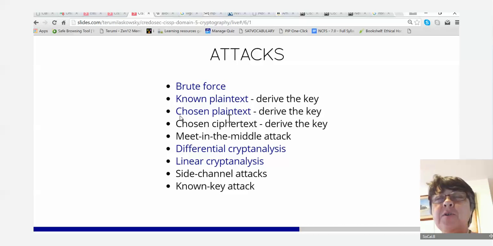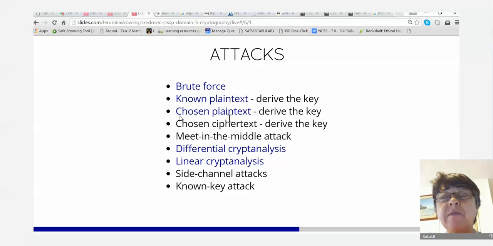You put that through and you get encrypted ciphertext. Or you say today, put that through, then Wednesday, put that through. You can actually pick and choose, and you're doing analysis: when I put that in, what do I get? When I put that in, what do I get? So you're looking for patterns. That would be chosen plain text.